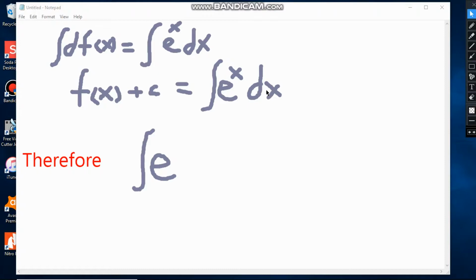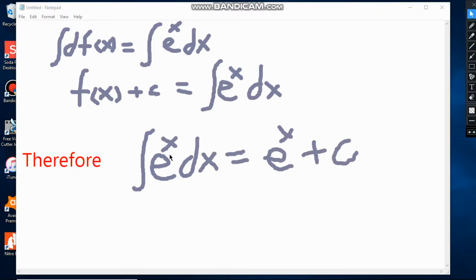So this implies that the integral of e raised to x dx is equal to f of x plus constant, and f of x is equal to e raised to x. Therefore, we conclude integral of e raised to x is equal to e raised to x plus c.